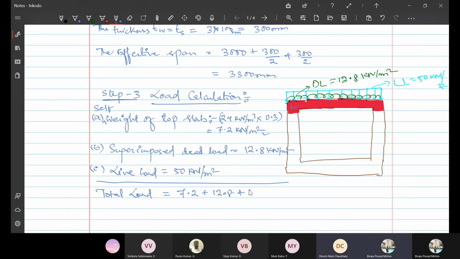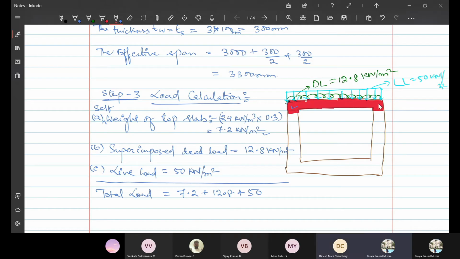Sir, you have mentioned the density of soil is equal to 24. But in the question, it is the density of soil. What is the density of concrete?